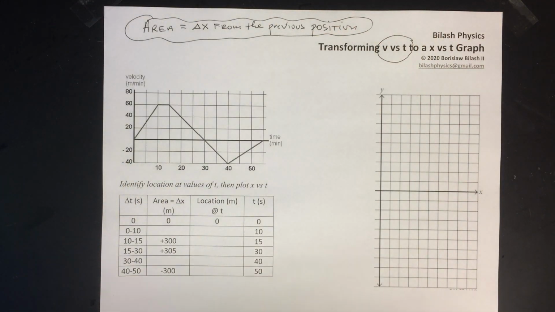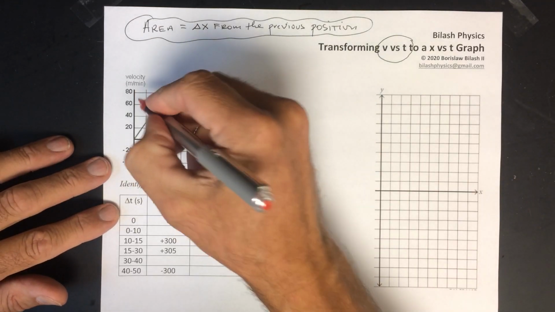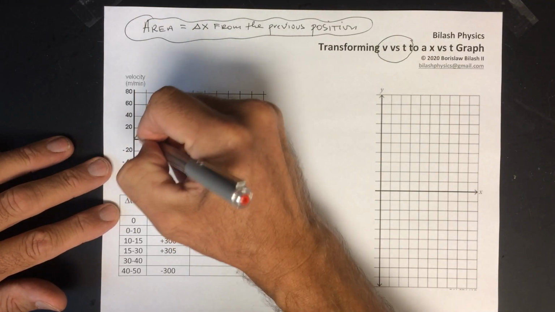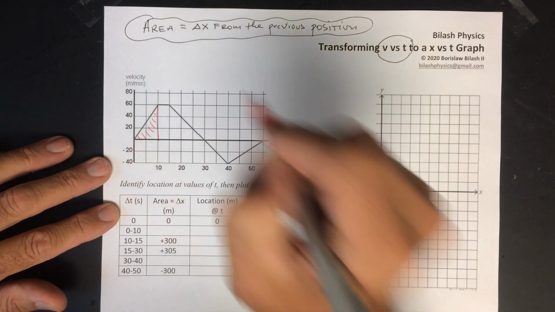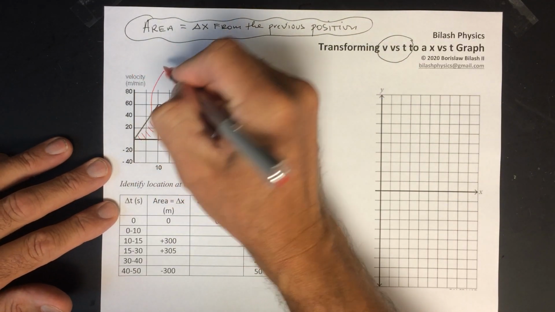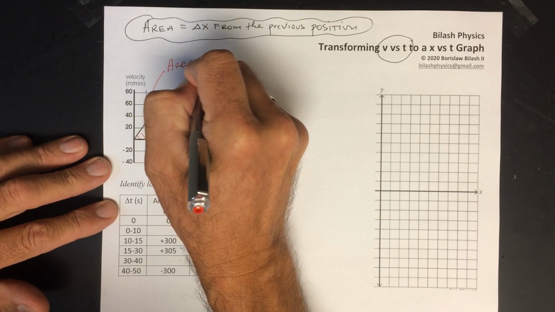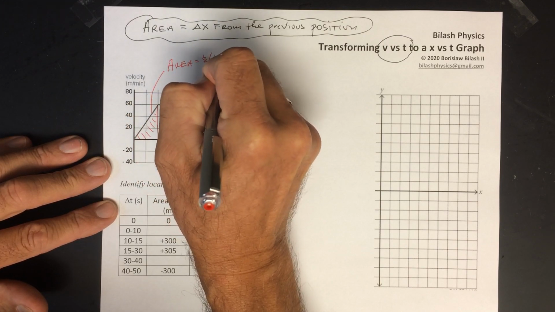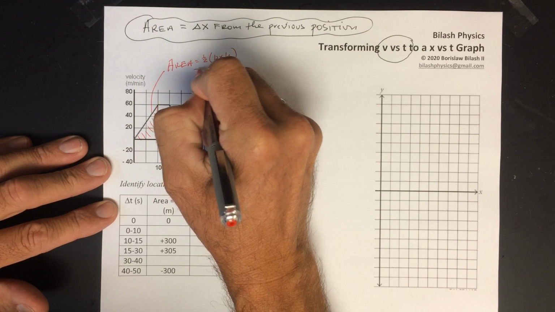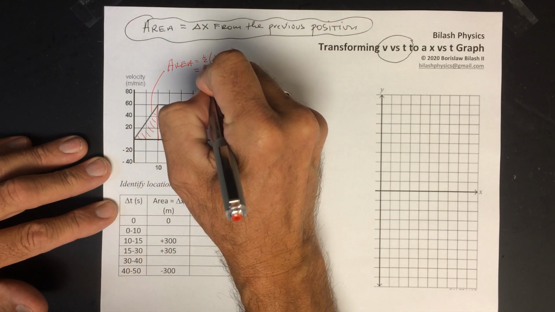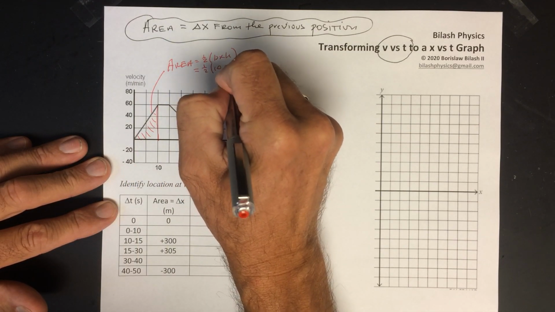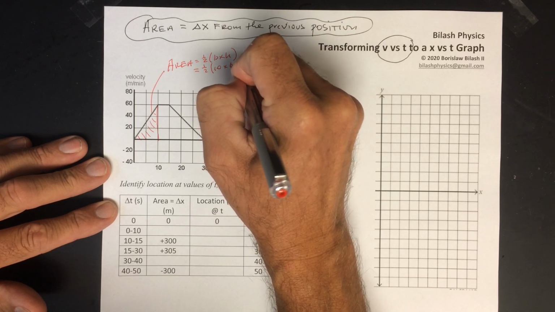So we're going to begin with the first section of the graph, this area right here. And the area of a triangle is equal to 1/2 base times height. So in this case, our base is 10, and our height is 60.